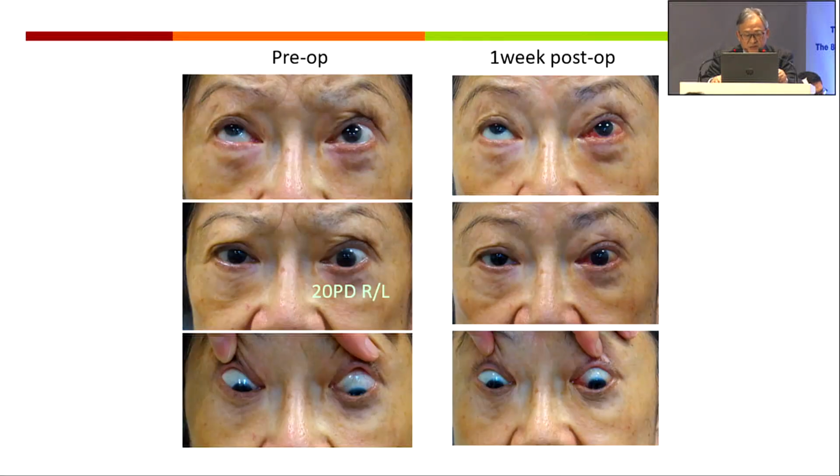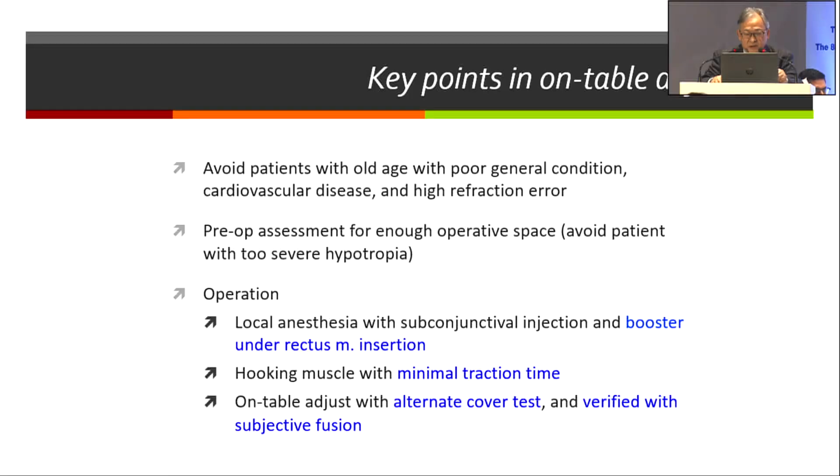Preoperatively, she has a 20% left hypertropia, and 1 week postoperatively, she is orthophoric in primary and down gaze position. So the key points for the on-table adjustment are that we should avoid patients who are too old with poor general condition, and also avoid patients with cardiovascular disease, and high refractive error will prevent patients from seeing the target on table.